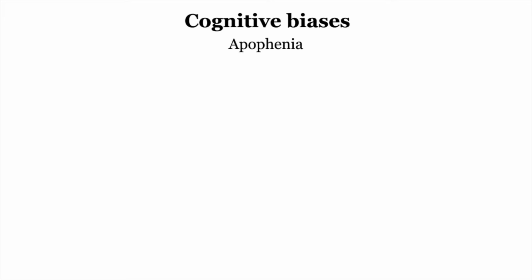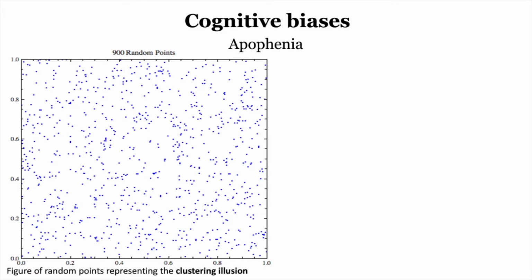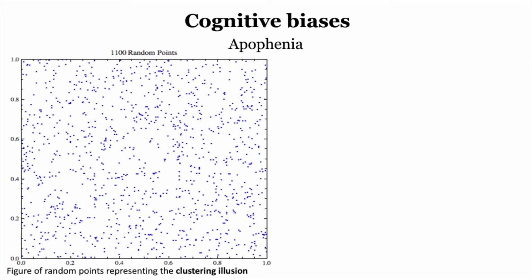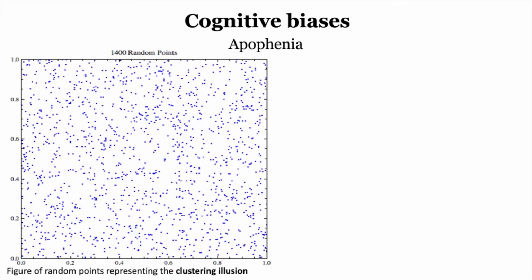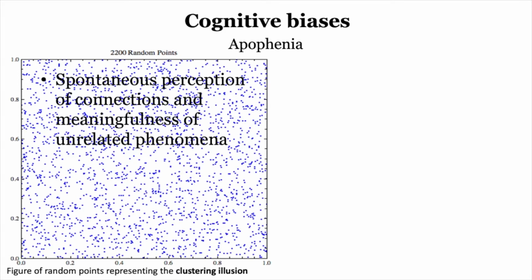And that's closely related to something called apophenia. Apophenia is when I draw some kind of a relationship in my mind. I look at this and I see a cluster. I see something going on. This is the clustering illusion. These are random points in this GIF just being generated on the plot. But what I do is I look for connections and meaningfulness.